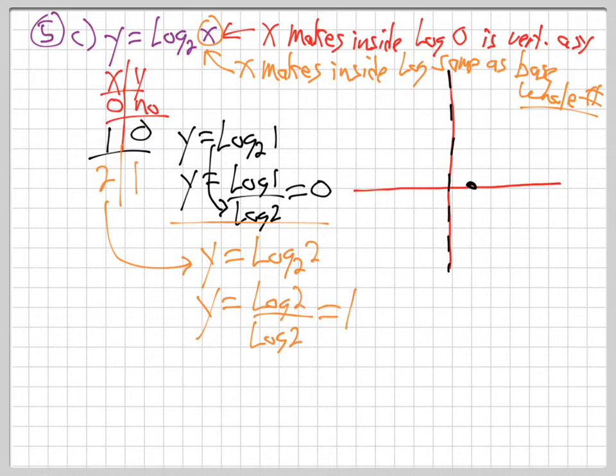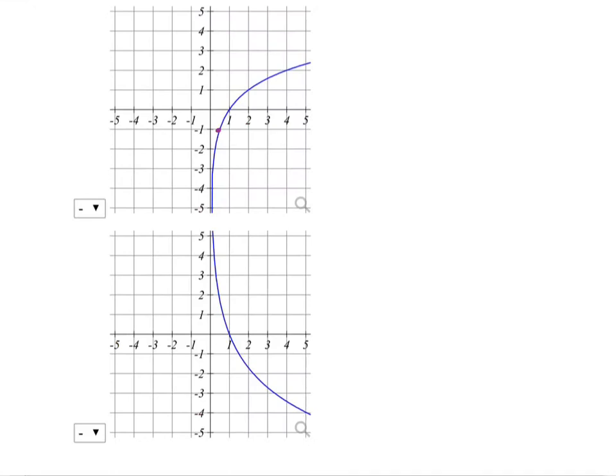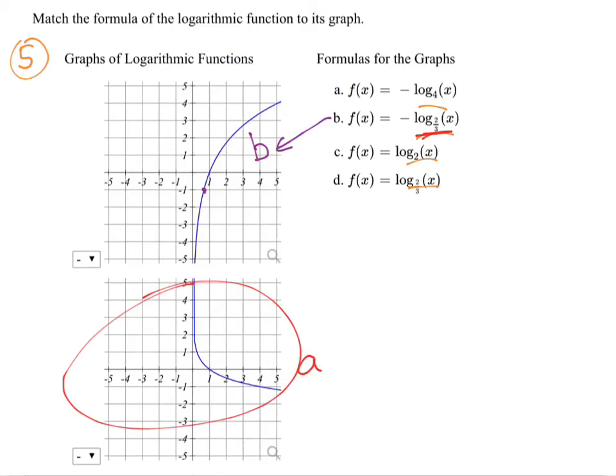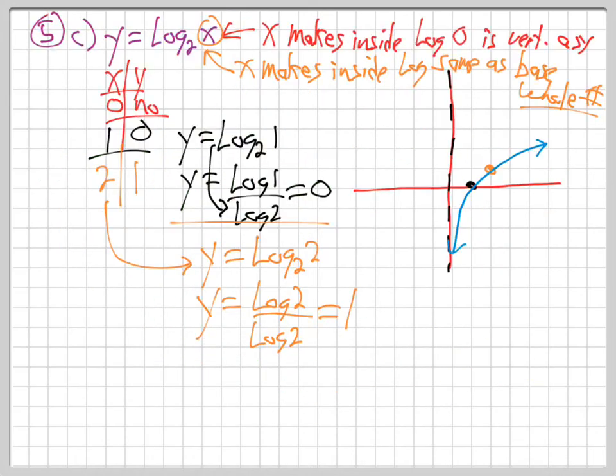That's just a 1, same thing over itself is 1, over 2, up 1, right there. So it looks like our log graph goes like that. Go back and find that one. Which one looks like that? It's this one. See, over 2, up 1, and this is C. And the last one we have left is D. It must be D, it's the only one left.